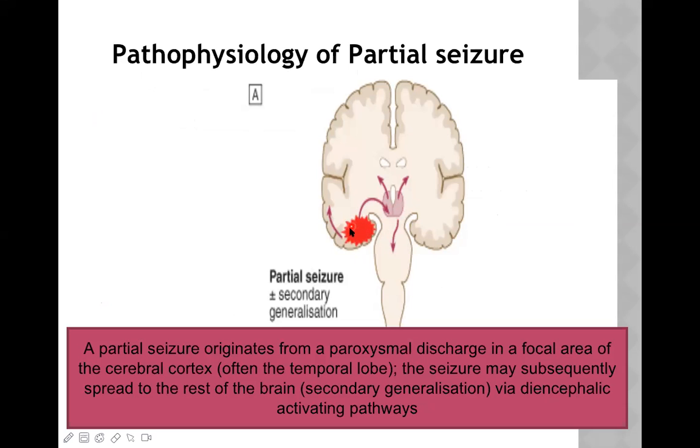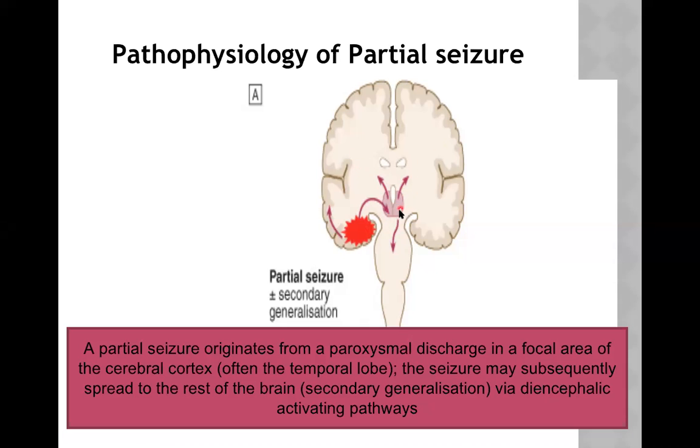This is a focus of seizure. Here is a lesion, and it is causing some electrical discharge. This electrical discharge is dispersing in the nearby area. That is diencephalon, and then it may go to some other places of the brain.